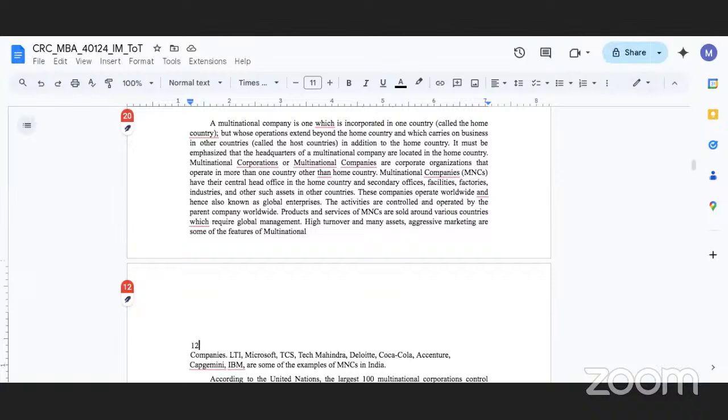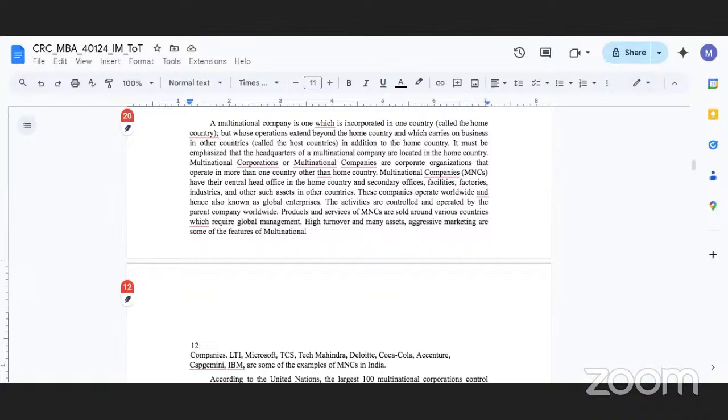So when I'm saying that India is my home country and US is my host country, that means I manufacture my goods here. My company is incorporated here, or my services are being provided from this country. However, the actual recipient is someone else sitting in some other nation. That is called the host country. So there are two players here. One is the home country, and second is the host country.